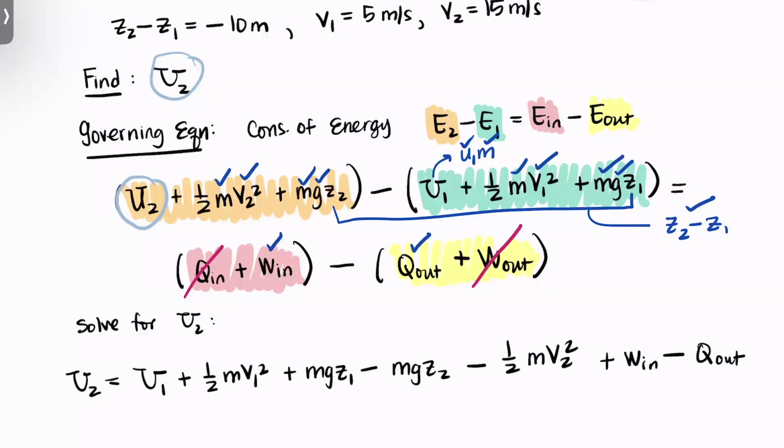That feel good for everybody? Cool. I'm also going to make a note here. I wrote these next to each other on purpose, so I can rewrite this as mg(z1 minus z2) or minus mg(z2 minus z1).